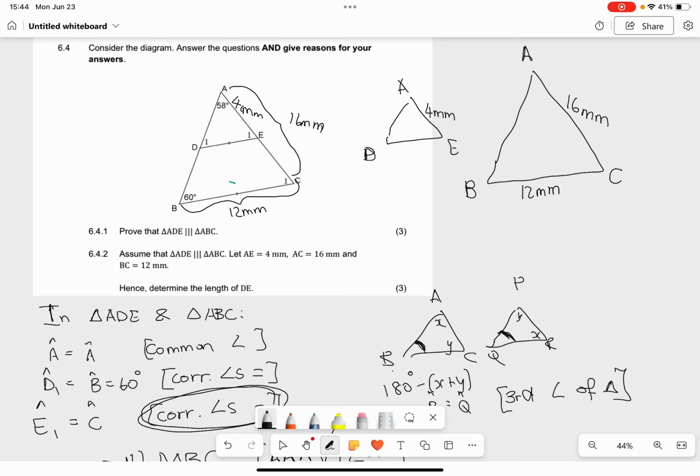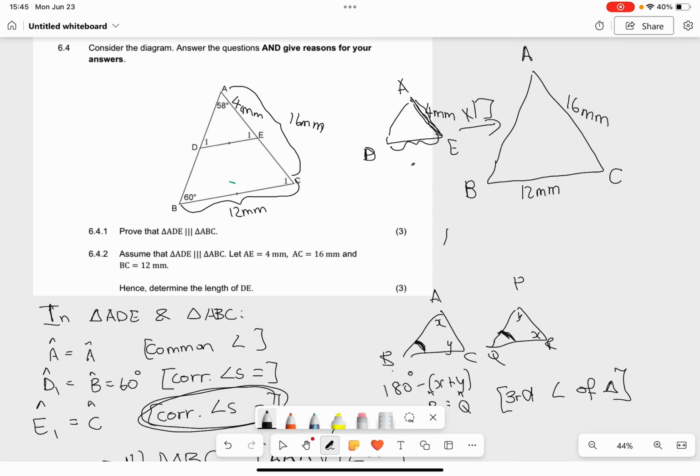Okay. And now they want to know the length of DE. Determine the length of DE, which is this length over here. Okay, guys, what you should know is that the sides are in proportion. Remember I told you that this one is the smaller triangle. So if we're multiplying each length by the same thing, what did I multiply?